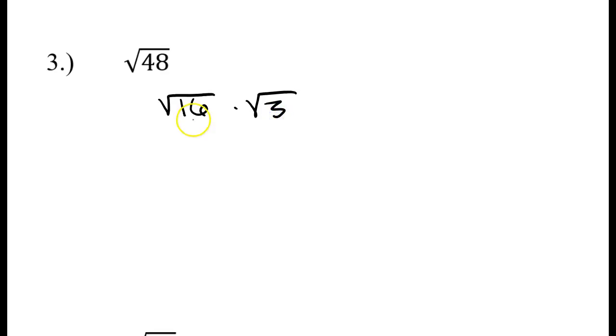So that's why I'm writing square root of 16 times square root of 3. Only one of these is a perfect square. The one that's the perfect square is the 16, so we can actually take the square root of it. The square root of 16 is a nice answer. It's just 4. So the final answer to this becomes 4 square root 3. Again, the 4 came from the square root of 16, and for the square root of 3, there's no nice answer, so there's no need to go any further with this. This is just 4 root 3.